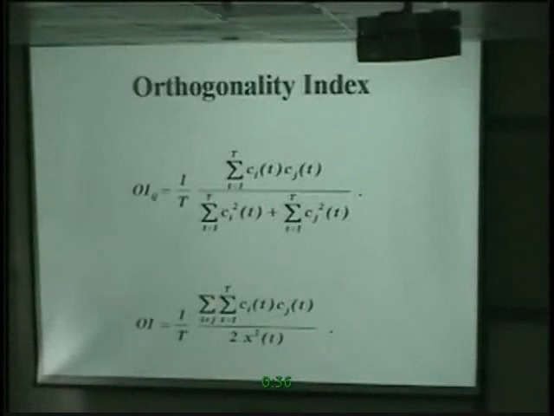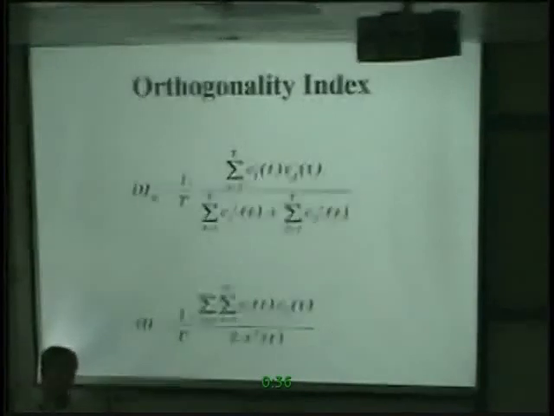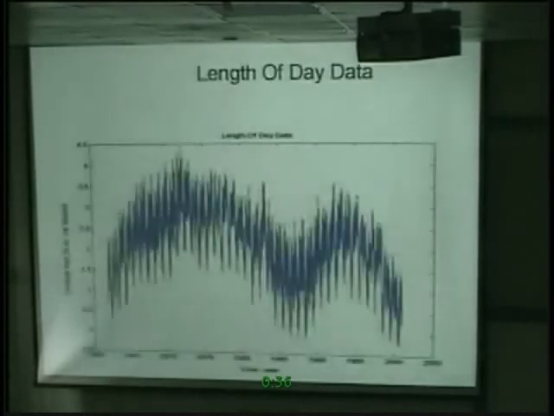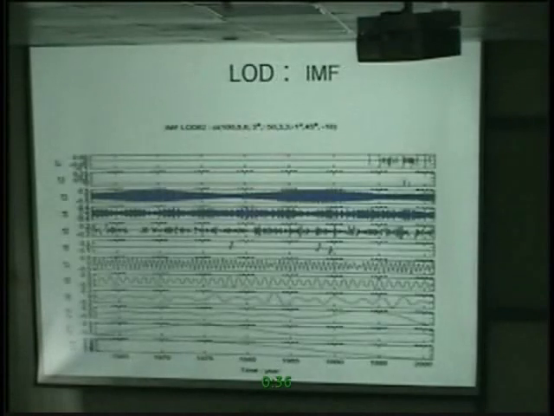Every pair where i does not equal j, I list it, compute it, and normalize it by twice the energy of the total signal. So this is between components; this is the total orthogonality index. And taking this data, for example, if I use intermittency, I get very nicely separated components.